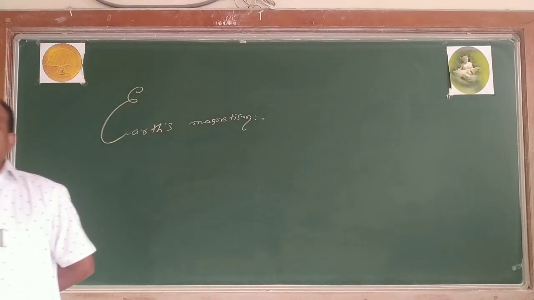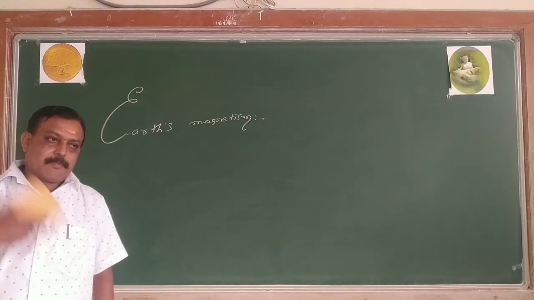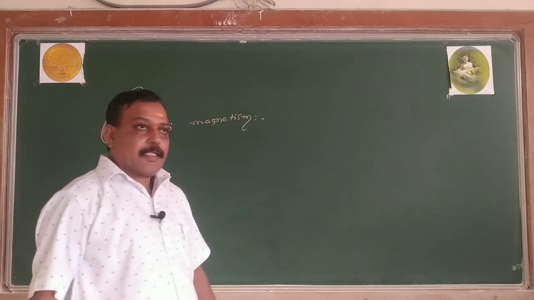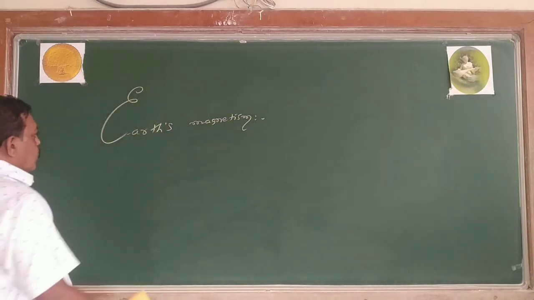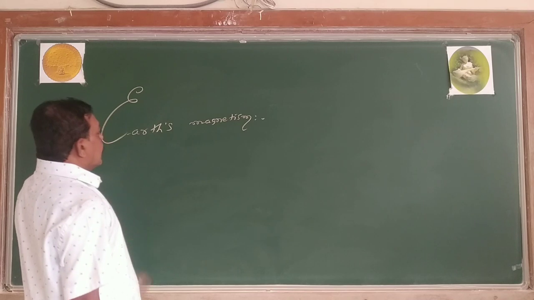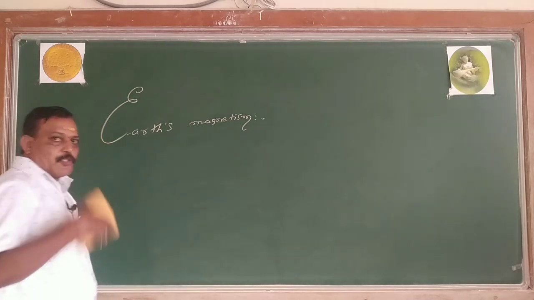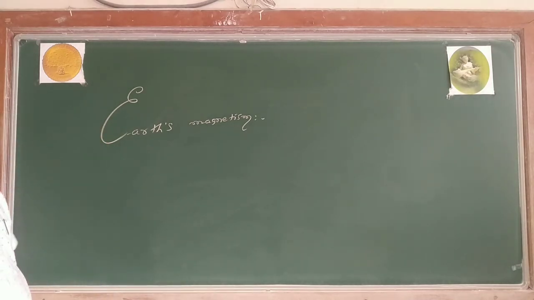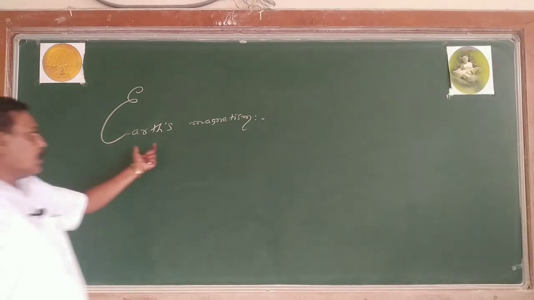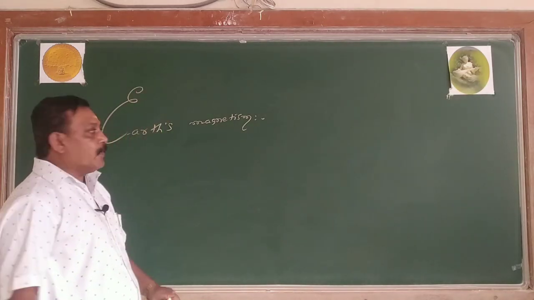Then after that we establish the relationship between what? Magnetic elements. So when the Earth is acting as a huge magnet, because of deposition of Fe3O4 in the core of the Earth, to determine the Earth's magnetic field, we need magnetic elements.